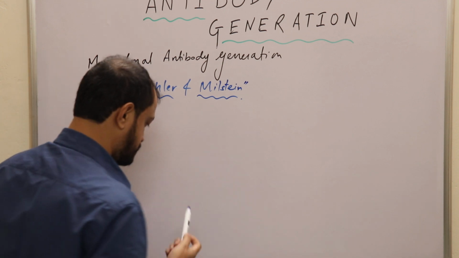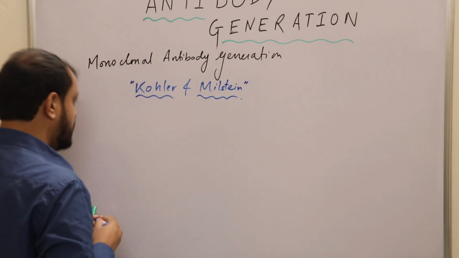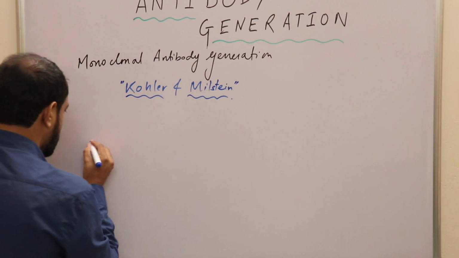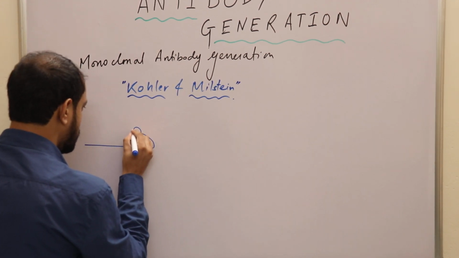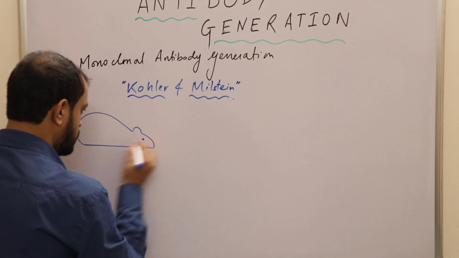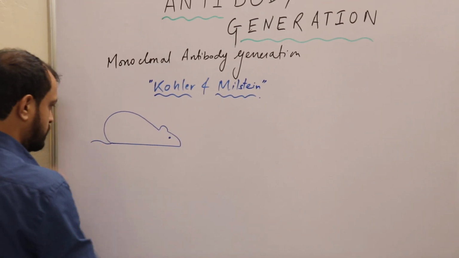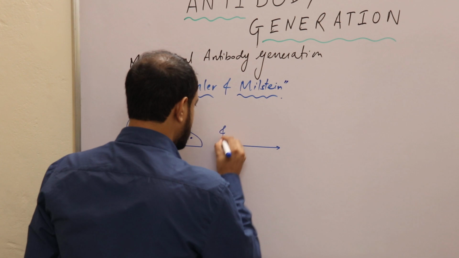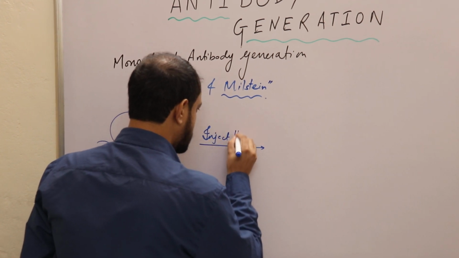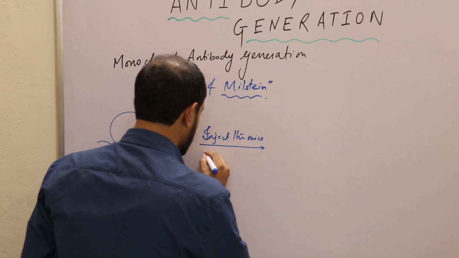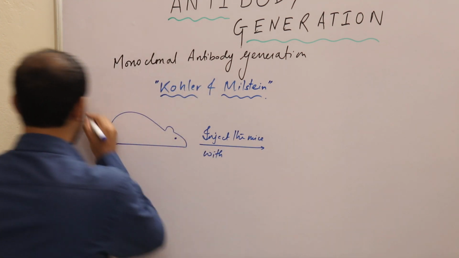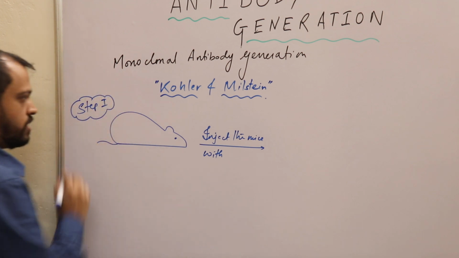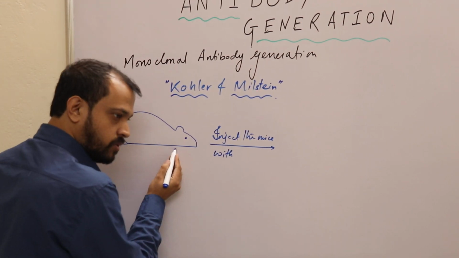The experimental design behind Kohler and Milstein's monoclonal antibody generation was, you will have to take a mice and inject the mice with, this is step 1, learn every step clearly. This is step 1: we'll have to take a mice.